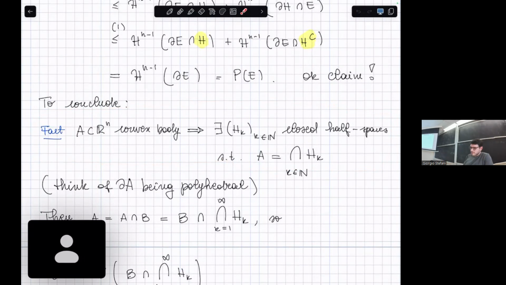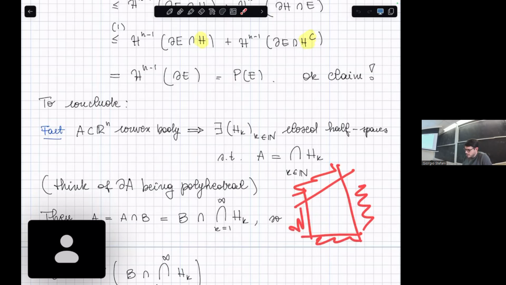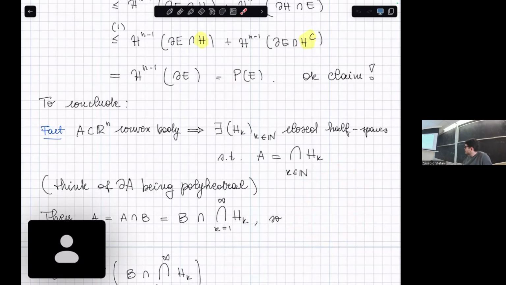This is easy to believe if your set A is, say, a polyhedral set. You will take the half spaces on the boundary, giving you the boundary, and then you get what you get, no? If it is not polyhedral, then you do it by approximation. You approximate your convex body by a polyhedral set, you approximate that with half spaces, and then you pass to the limit in this approximation.